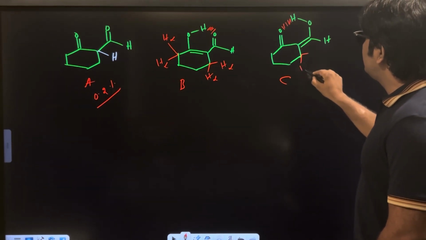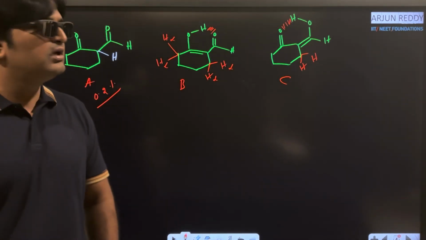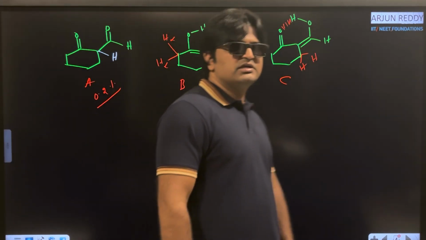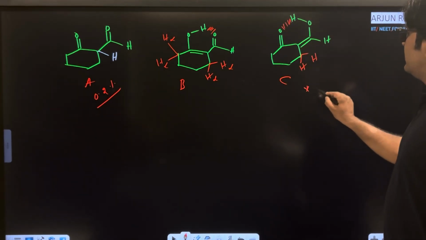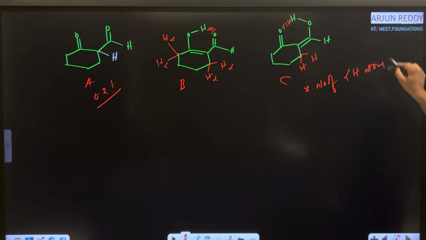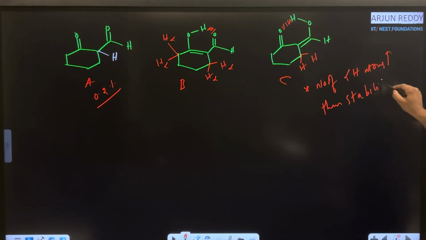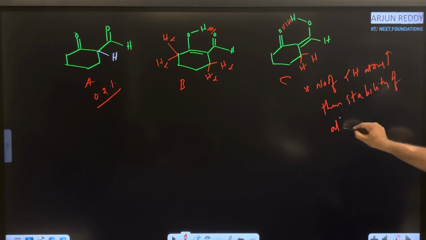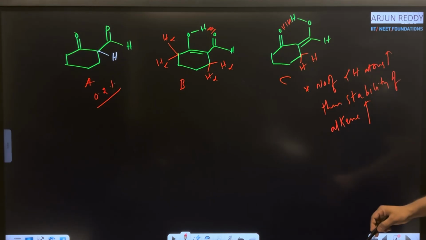Now you tell me on the basis of hyperconjugation, what we study in hyperconjugation from general organic chemistry: if the number of alpha hydrogen atoms increases, then the stability of alkene increases or decreases? Yes, increases. Number of alpha hydrogen atoms increases, then stability of alkene increases.